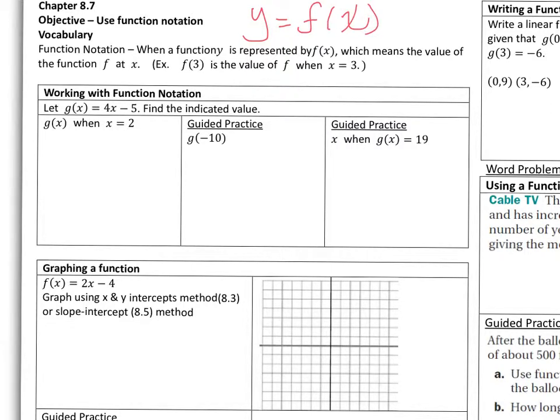This just means that the value of the function f will be a number y at the point x coordinate x. For example, f of 3 is the value of f when x equals 3.